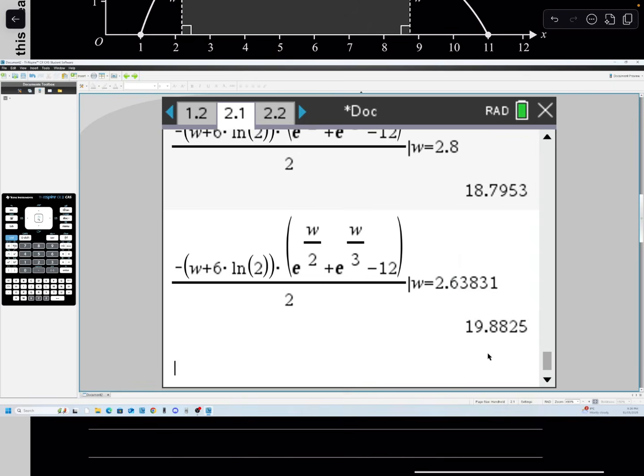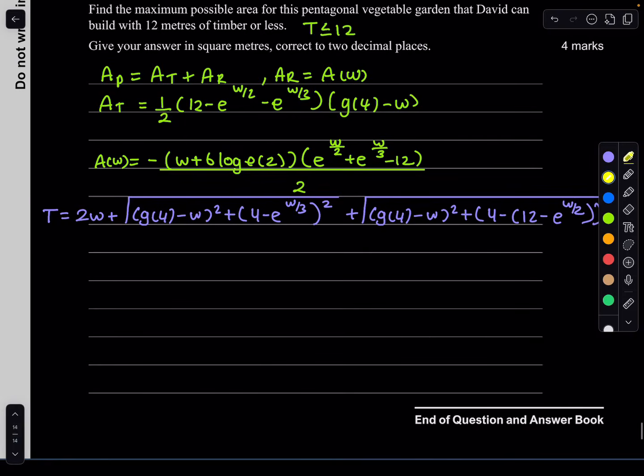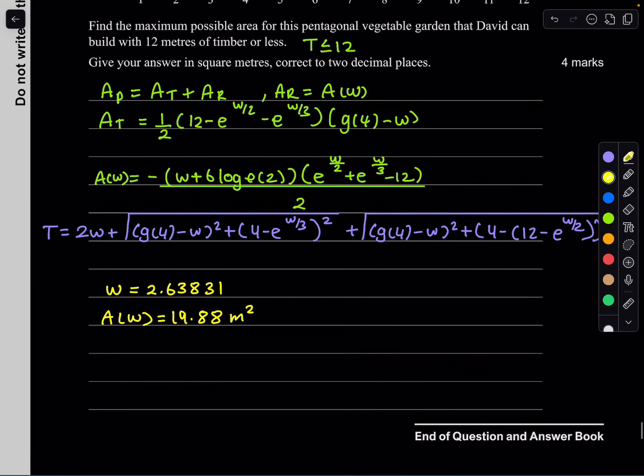Your width is 2.63831, and subbing it into A of W gives you 19.88 meters squared, to 2 decimal places. Beautiful. That's all they wanted: find the maximum possible area for the pentagon. Give your answer.